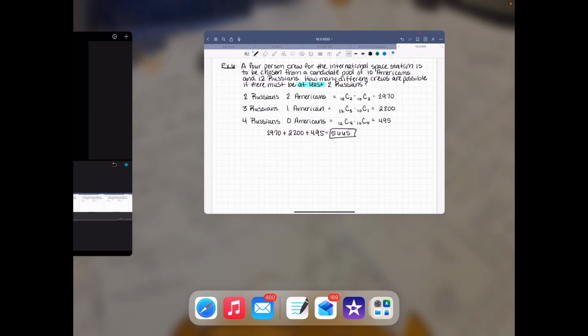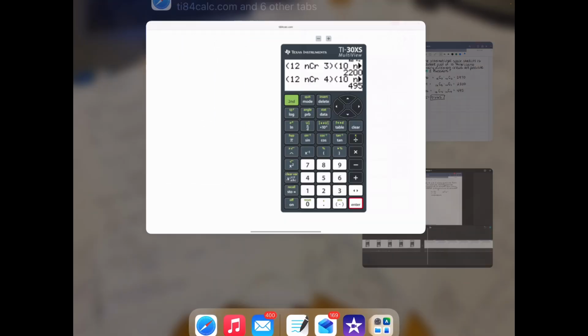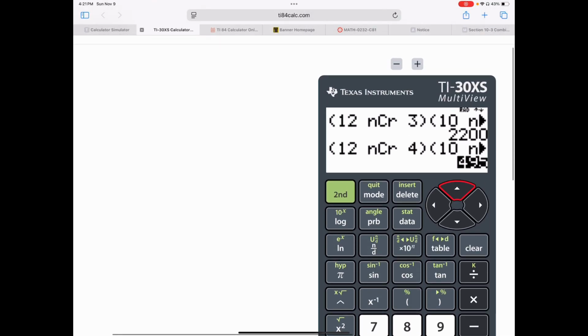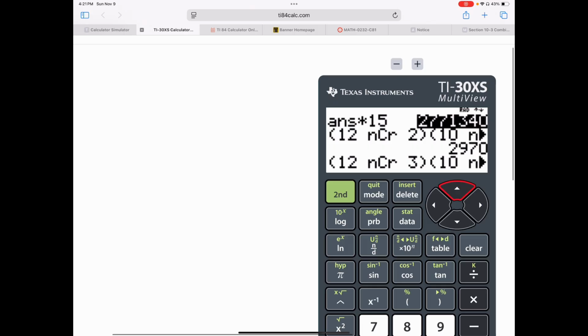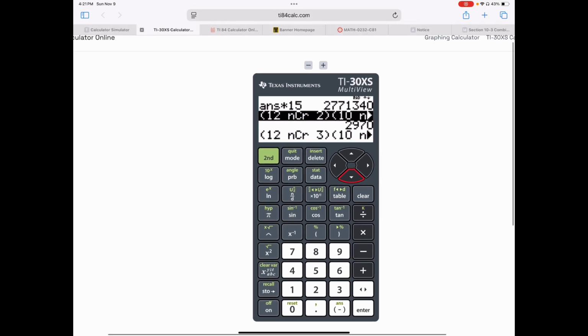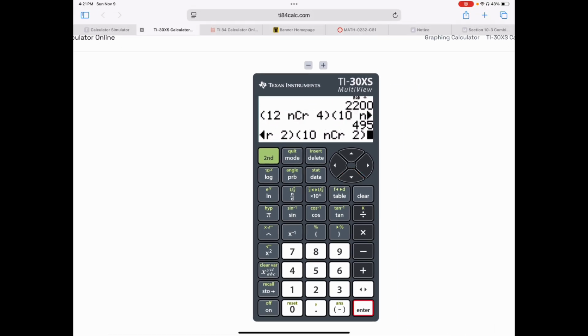And I will flip over here to the calculator and show you that. We had N choose 2, and you can go ahead and put that all together and take that and 10 choose 2, and you can multiply those.